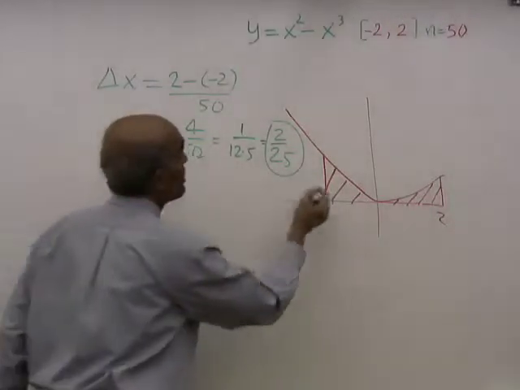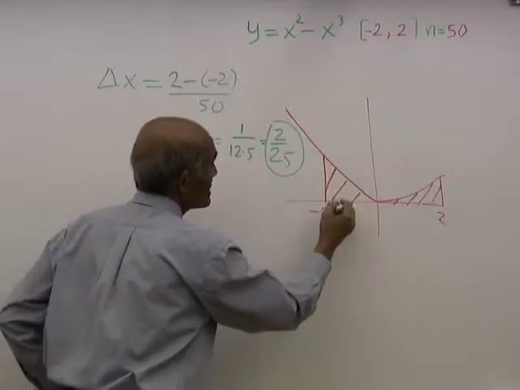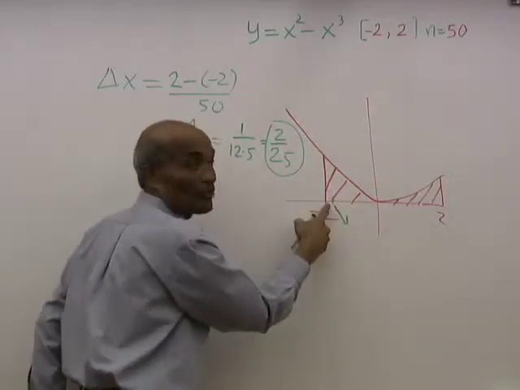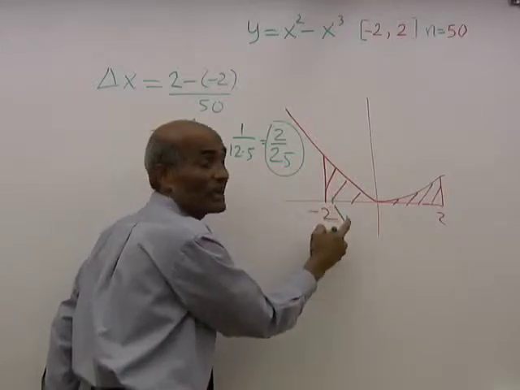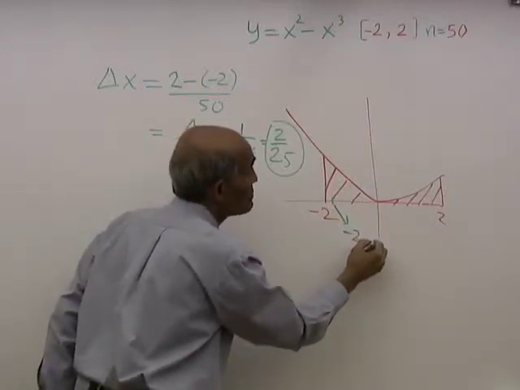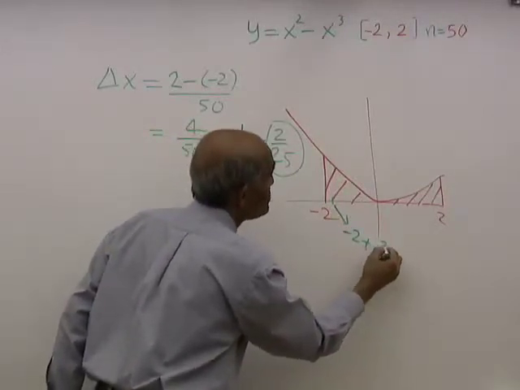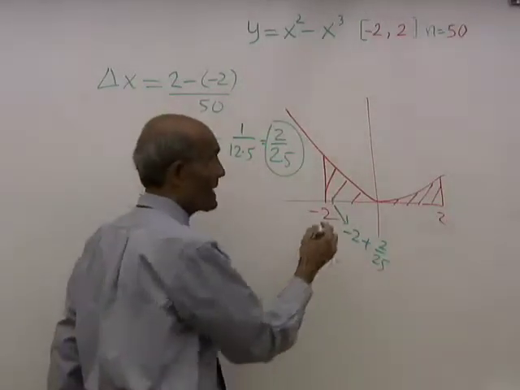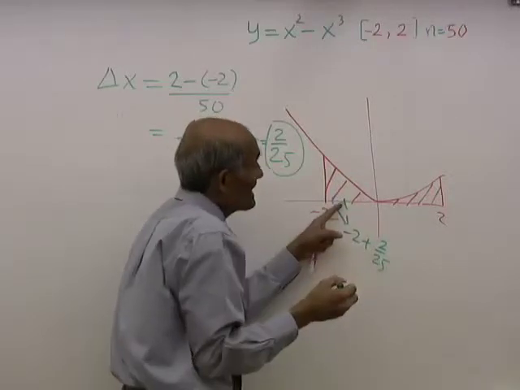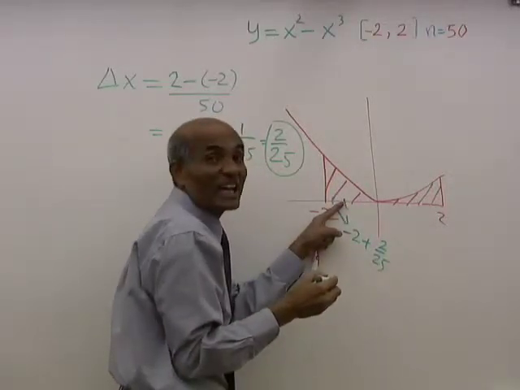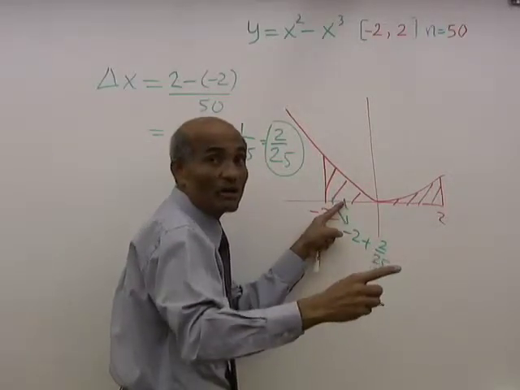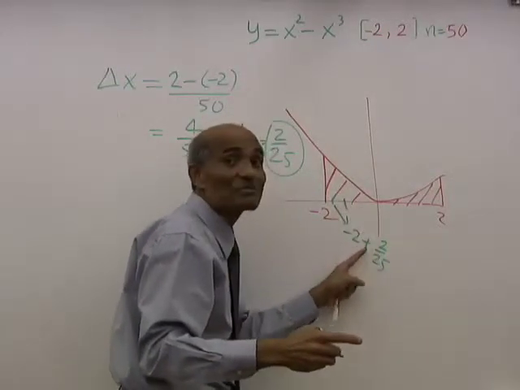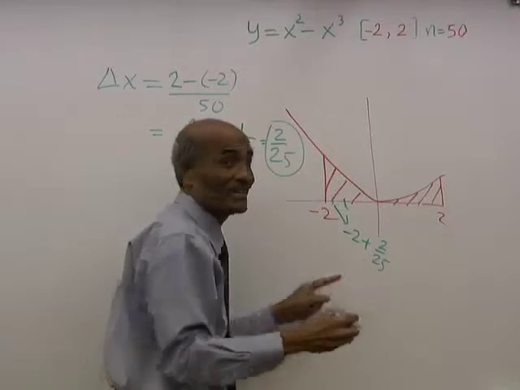Therefore, if your delta x is 2 over 25, the right side of the first rectangle will be negative 2 plus 2 over 25. The x value for the second rectangle on the right will be negative 2 plus 2 times 2 over 25, is that right?